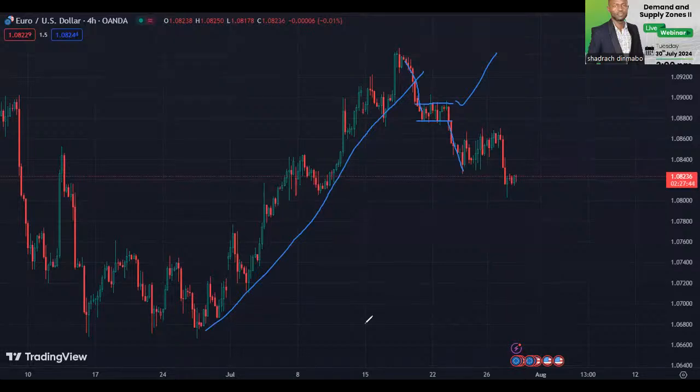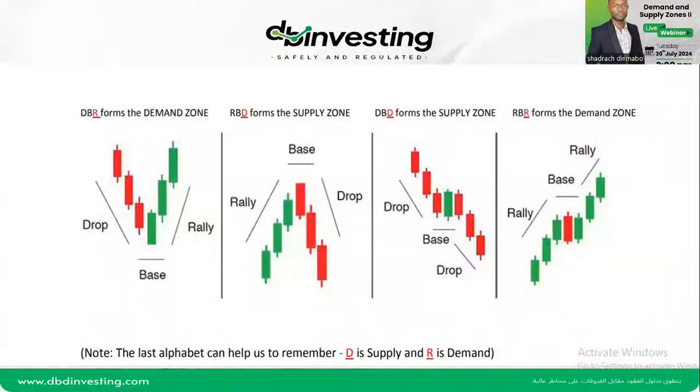Taking a recap, for demand zone formations we have the drop-base-rally and the rally-base-rally. When we talk about the base, you understand what the base actually means.